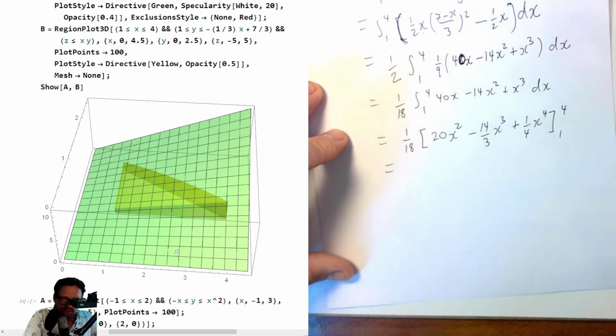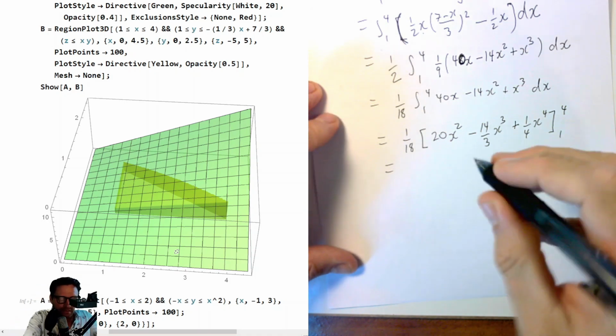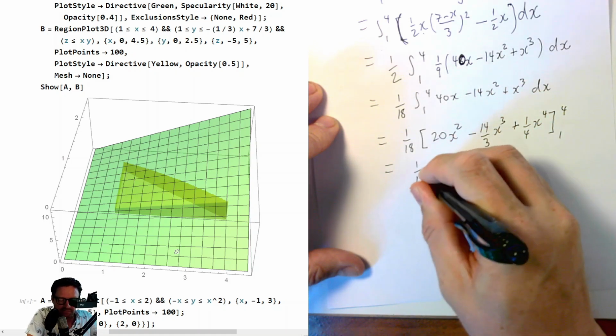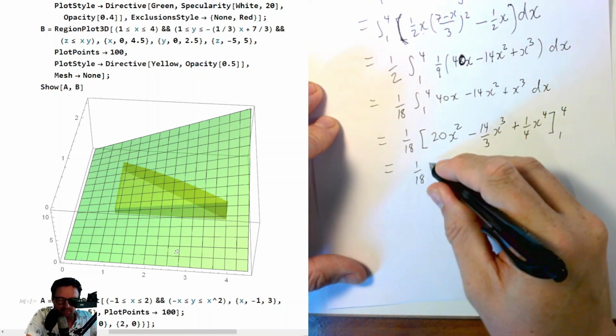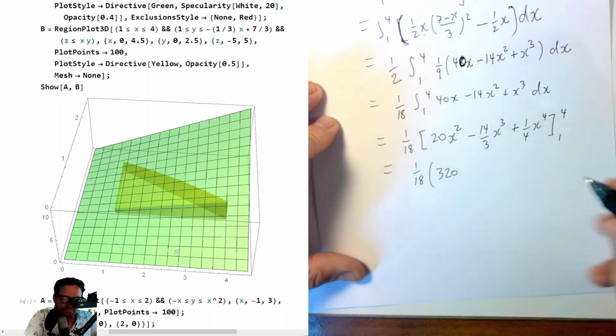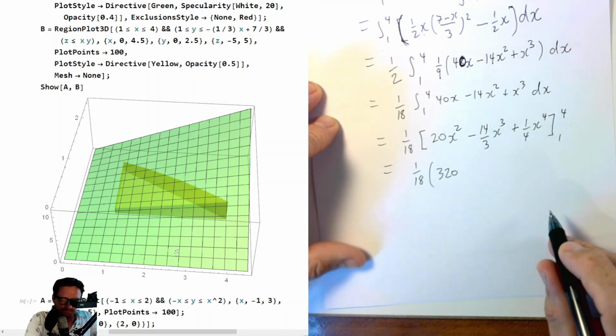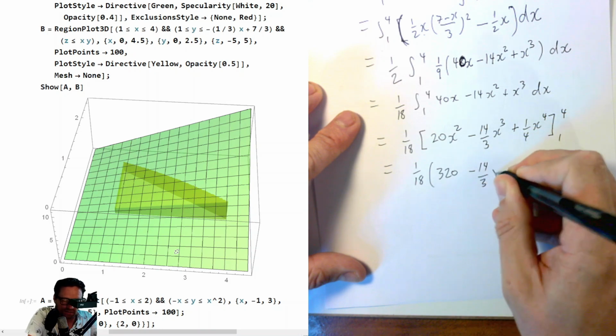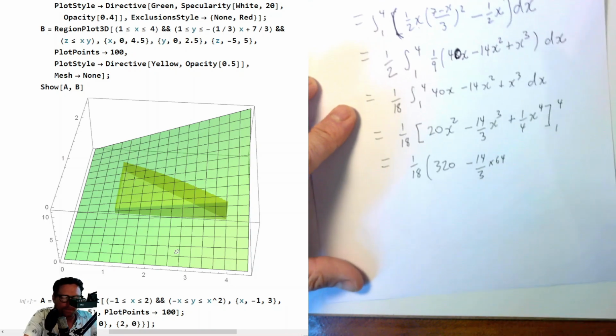Okay, subbing the numbers in, so 4 squared is 16. 16 times 20 is 320. Now 4 cubed is 64. So I'm going to write minus 14 over 3 by 64.